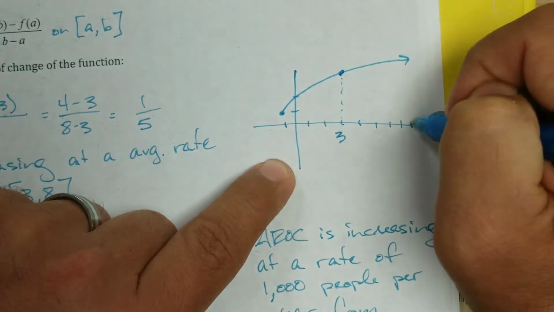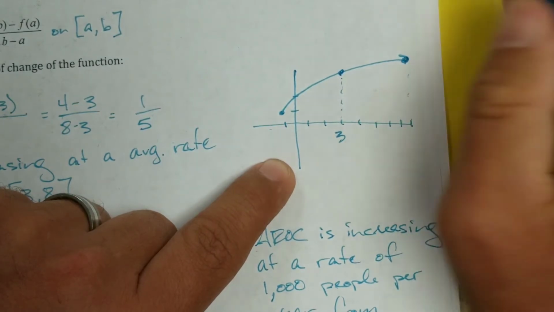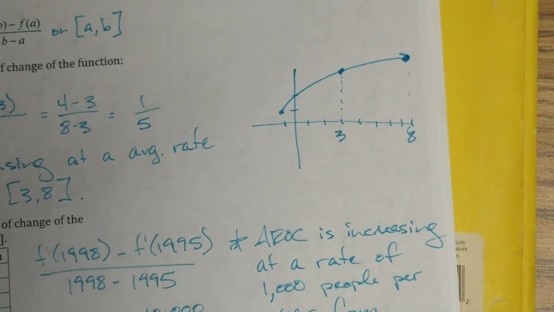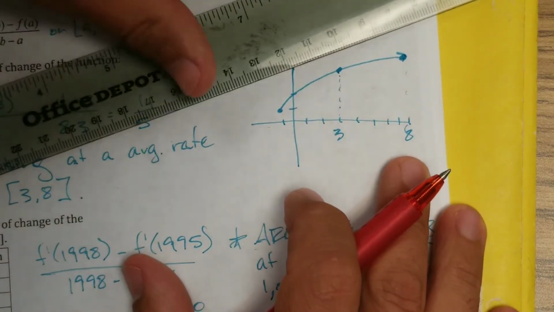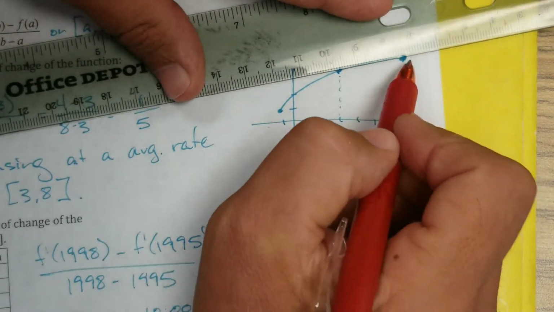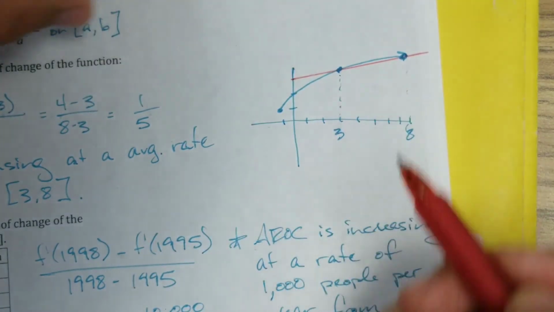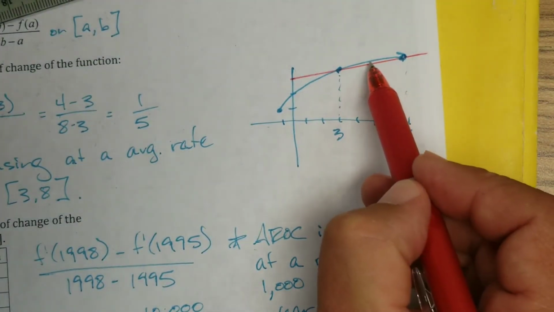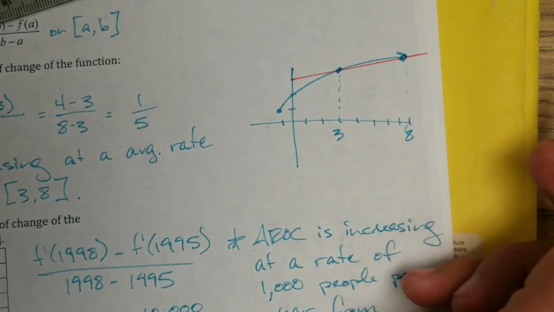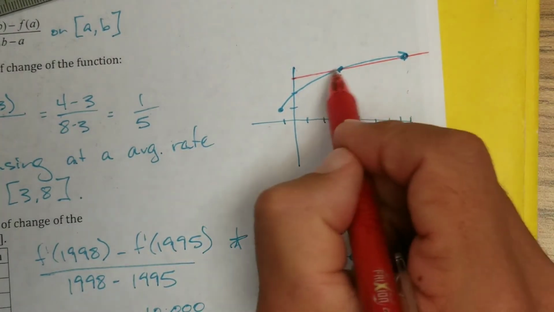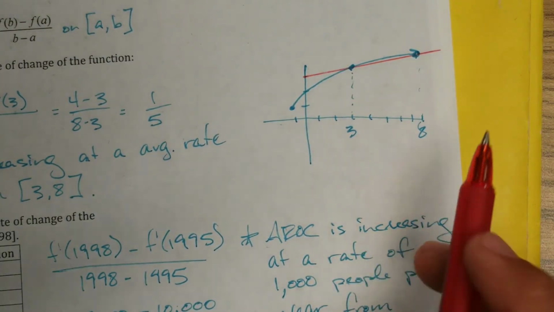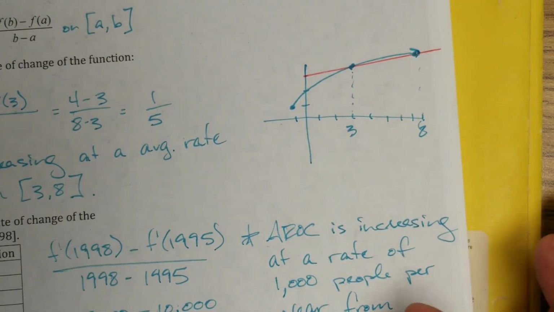So there's 3, there's 8. So what we're finding is the slope of this secant right here. Very close to the slope of that actual curve from 3 to 8. It's just a little off. So that's what we did right here. So the slope of that secant is 1/5. So that's an average rate. So the slope of that curve is really close to 1/5.